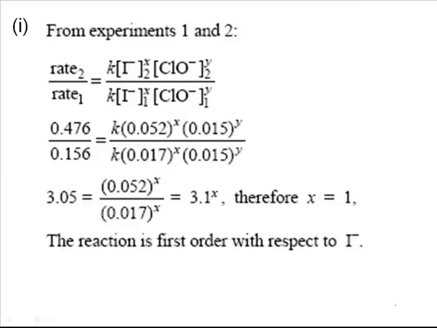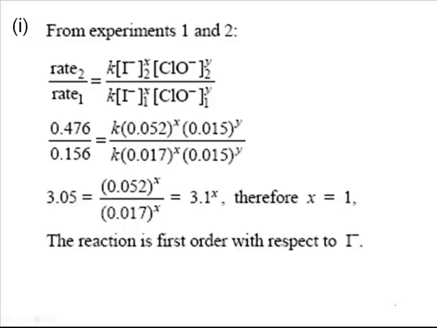We set up from experiments 1 and 2 the rate 2 over the rate 1. This gives us the 3.05. Our I's cancel here, our ClO's cancel, and we're left with 0.052 over 0.017. Therefore the ratio is 3.1, so x is going to be equal to 1.